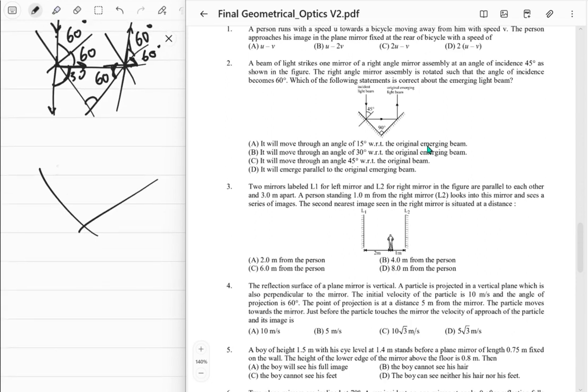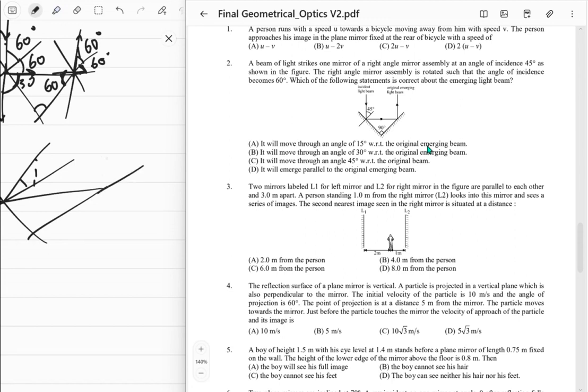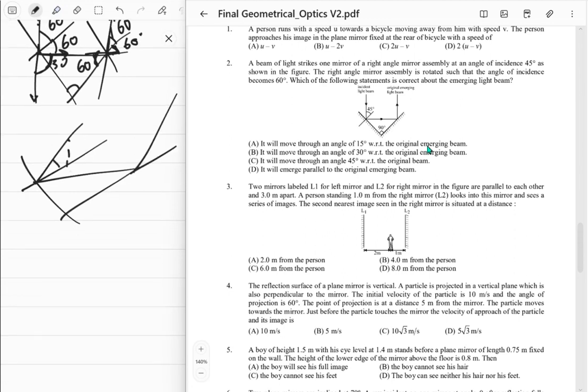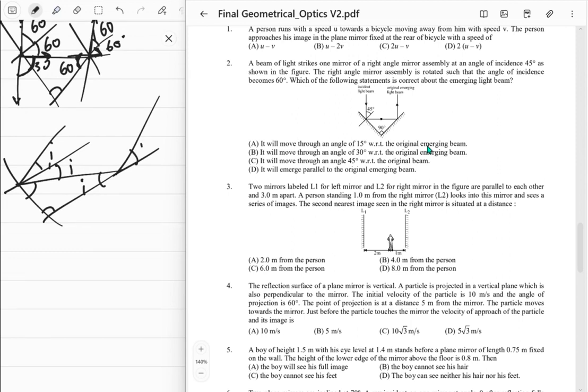So if it's at some angle theta, let's say something like this. This is our angle of incidence, I, and this is how the ray goes. It's going to be I over here. This is going to be 90 minus I. So it's also then going to be I over here, and also over here.